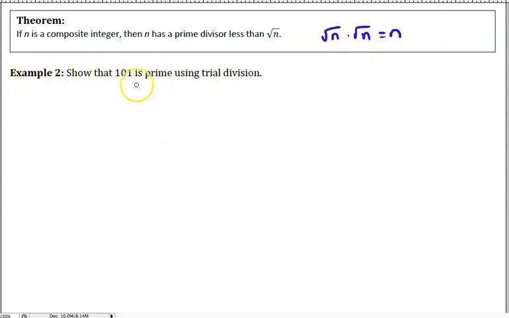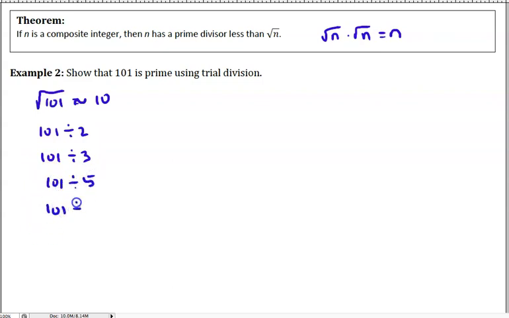So I showed that 101 is prime using trial division. You want to take the square root of 101, which is approximately 10, just a little bit over 10. Then we go through all the prime numbers up to 10 and check them. You're going to divide by 2, by 3, by 5, by 7, and I run out of primes.